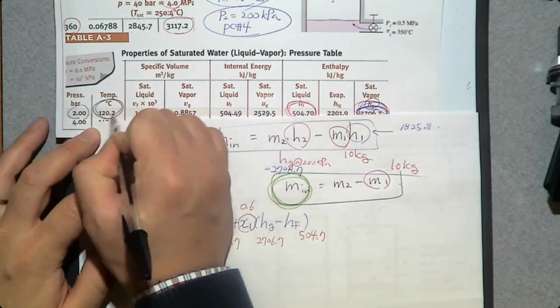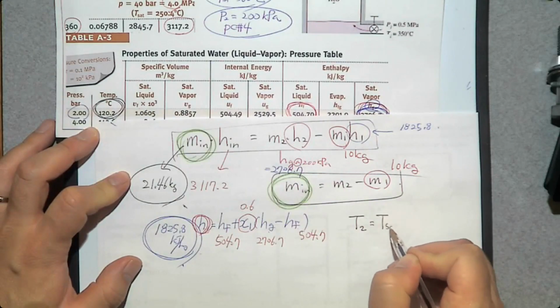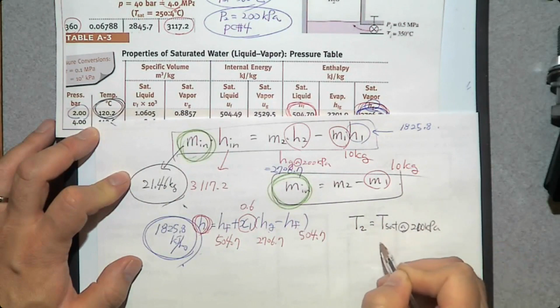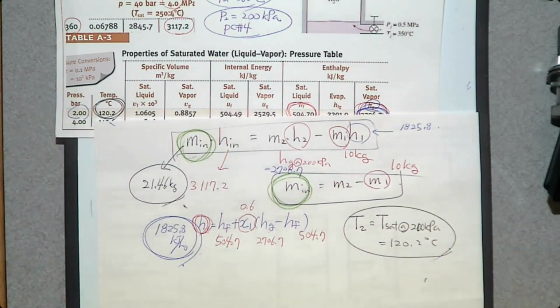So T2 is going to be T sat at 200 kilopascal, which is 120.2 degrees Celsius, because it is saturated vapor. So that's how you solve this problem. Any question?